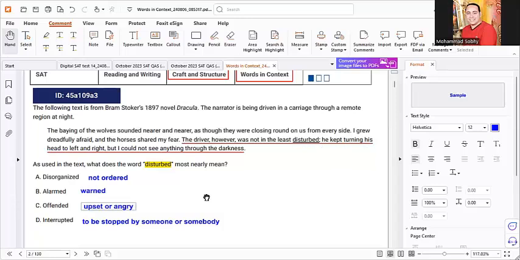He kept turning his head to the left and right. So here, C is possible, but nobody's trying to attack him, so no real offending. So it's not C. You have to make the last choice. Which one do you think?